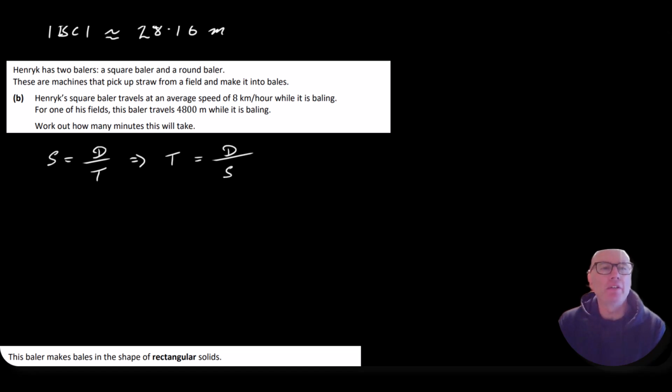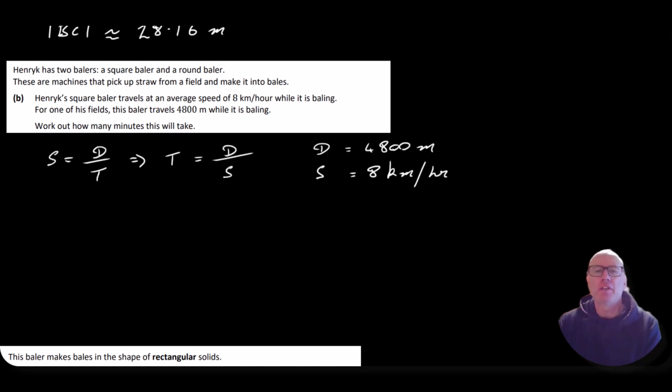So what are we given? We're given a distance of 4,800 meters and we were given a speed of 8 kilometers per hour. So we can see we've got mixed units here. We've got meters and we've got kilometers. So what I'm going to do is change this to kilometers. There are 1,000 meters in a kilometer, so I'm going to divide by 1,000. So that's 4.8 kilometers. So let's put that into our formula.